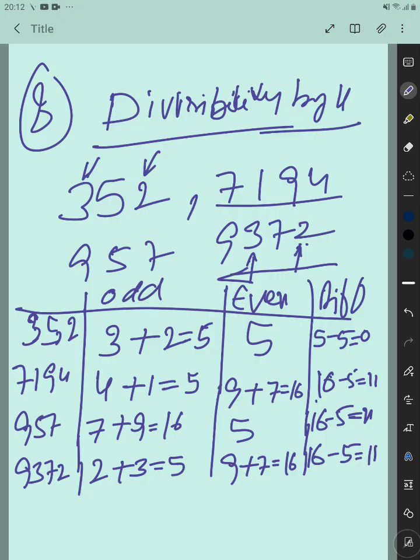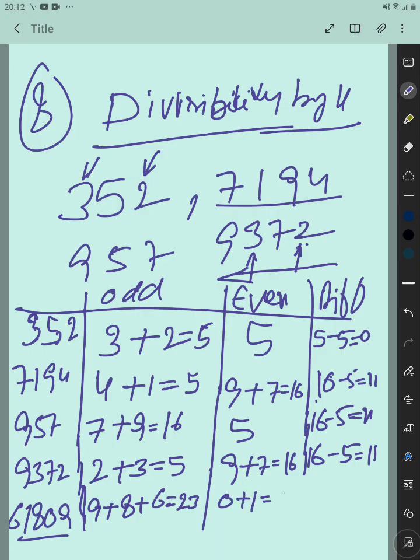The big number from the book, 61809. At odd places it is 9 plus 8 plus 6, and the sum is 23. At even places it is 0 plus 1, which is 1. 23 minus 1 is equal to 22.